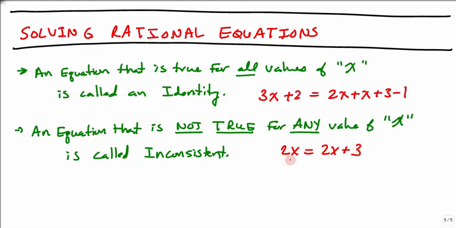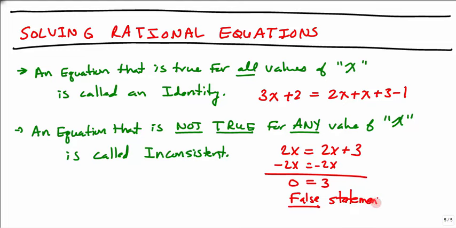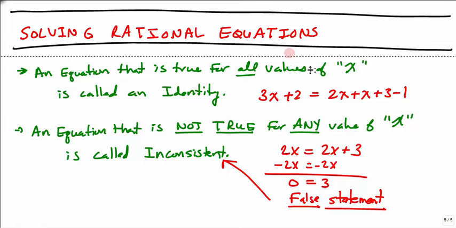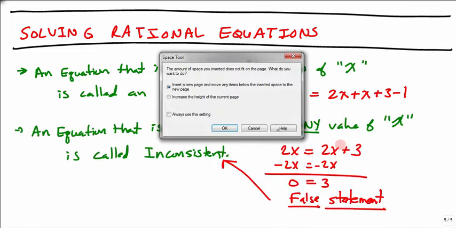There's no value of x that I can plug in on either side and get this to be a true statement, because on the left hand side I will have the x value doubled, and on the right hand side it will be doubled, and then I would have to add 3. There's no number that I can put in here that would make this a true statement. Now if I tried to solve this and subtract 2x from both sides, I'd get 0 equals 3. This is a false statement. So when I get to something that's a false statement, that tells me that it's inconsistent. Now along those same lines, I'm going to scoot back here and leave a little extra room.